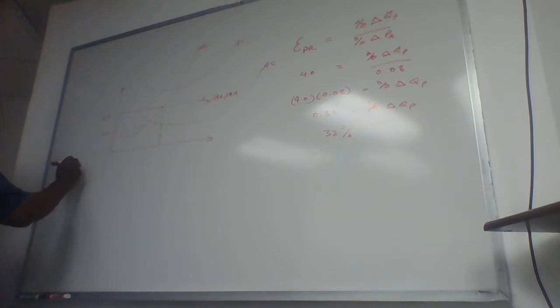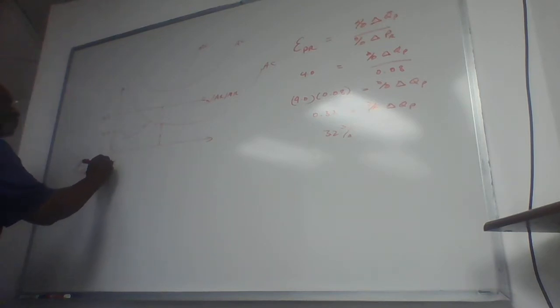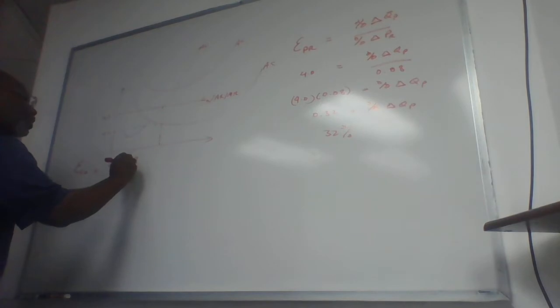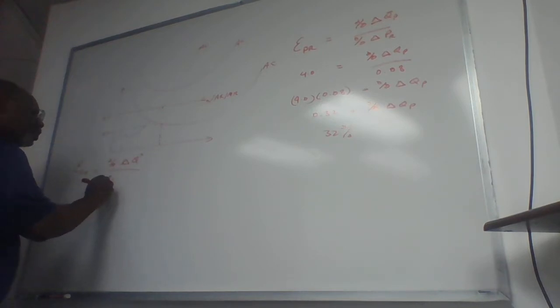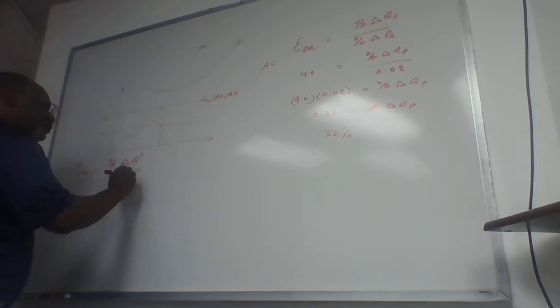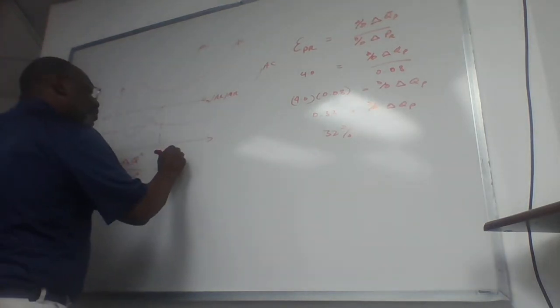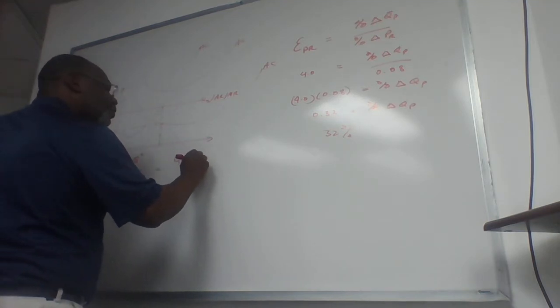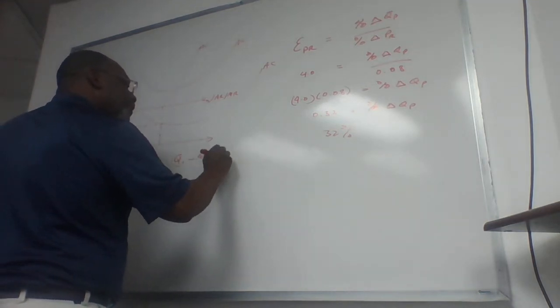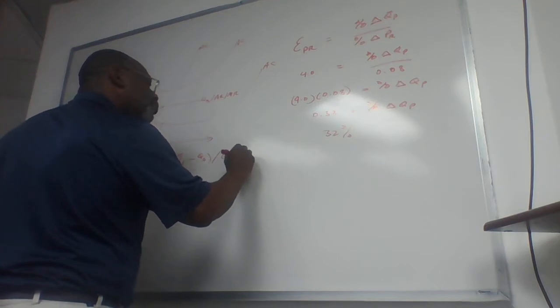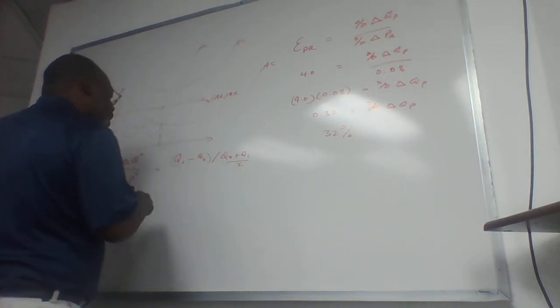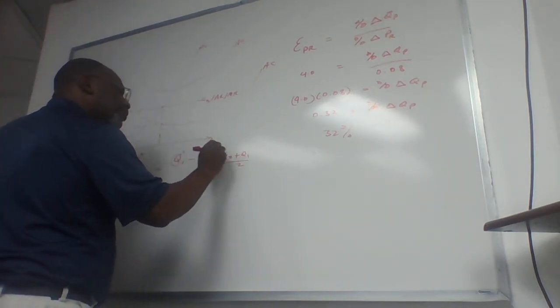All right, so this is E of what? Cereal and oats? E_CO, the percentage change in the quantity of cereal over the percentage change in the price of oats. So this will be Q1 minus Q0 divided by Q0 plus Q1 over 2, and all of these are cereals.